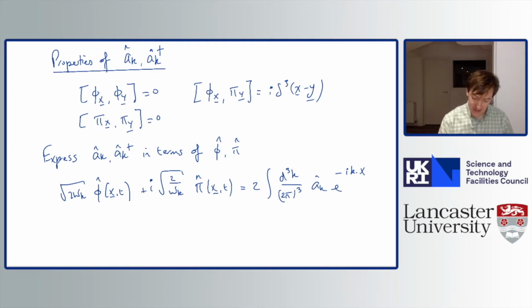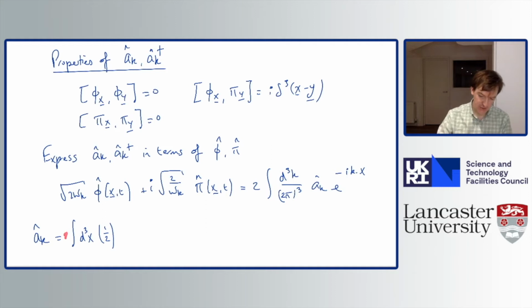But we can just apply the inverse Fourier transform to find out what a_k is going to be in terms of these fields. The inverse transform is going to be an integral over d3x, and I've got this factor of a half. With the convention I'm using for my Fourier transforms, I put all of the pi factors on the k integral, so there's a (2 pi) cubed term here.